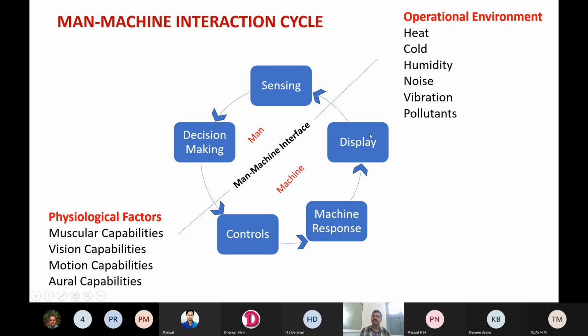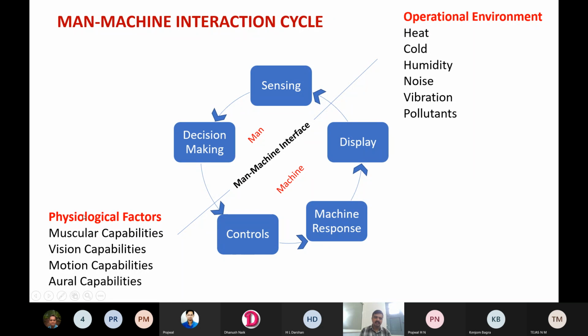Like that, you have to design displays. At the same time, you have to design controls such that man is able to use these controls to change the status of the vehicle or equipment, even in adverse conditions. That is the requirement. That is the design requirement.